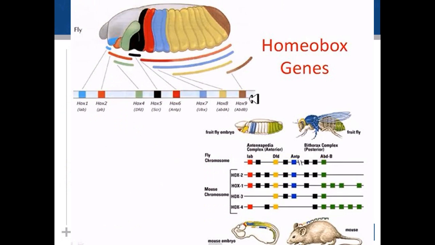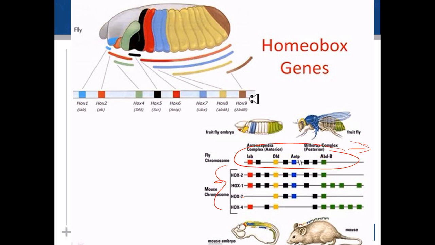So now let's look at what happened with homeobox genes and vertebrates. So if this represents those genes on a fruit fly, and we're going from the head back towards the posterior, we also find that same sort of structure in animals.